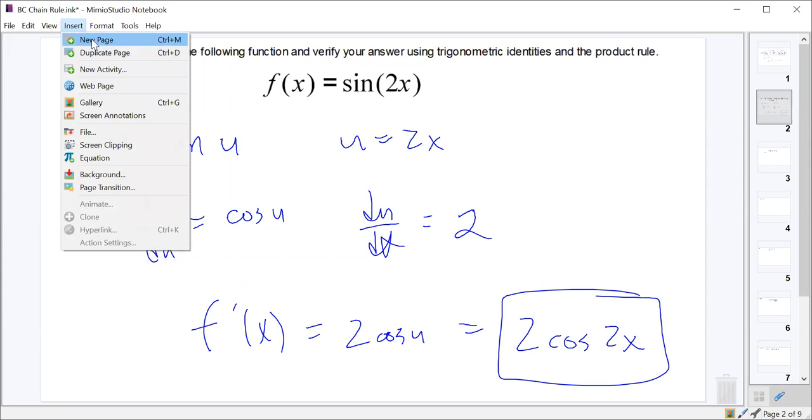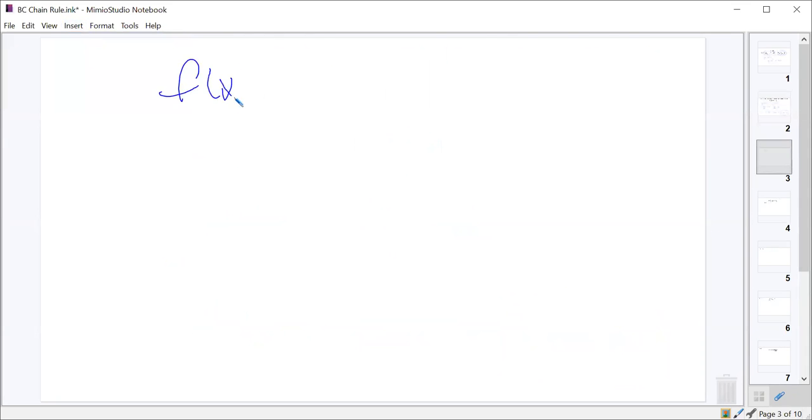Now, we could have rewritten f of x, since what did we have? We had sine of 2x. That's equal to 2 sine x cosine x, isn't it? So I could have used the product rule with these as my two functions.